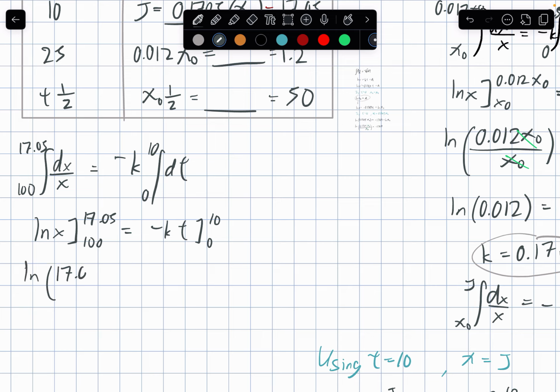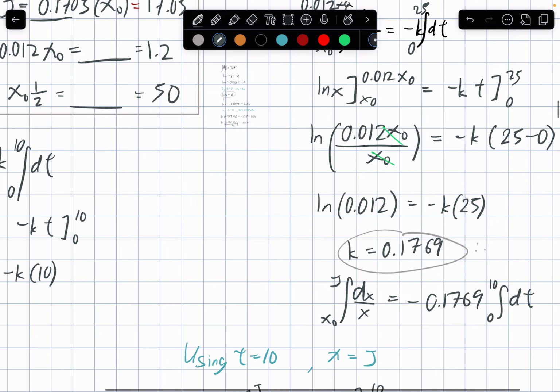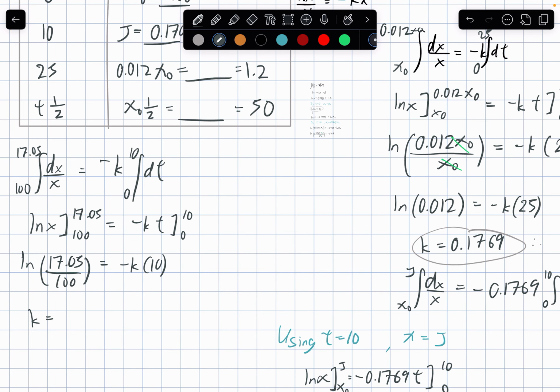ln of 17.05 over 100 equals negative k times 10. Let's see what k is. I think in theory it should be the same. So yes, it is the same.